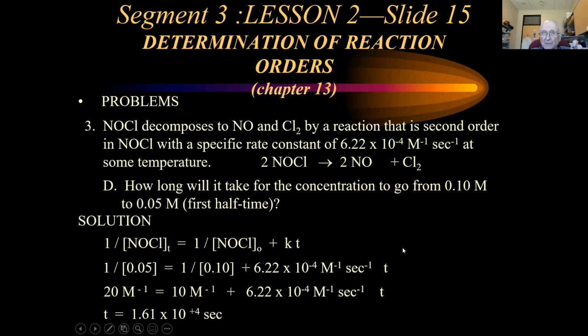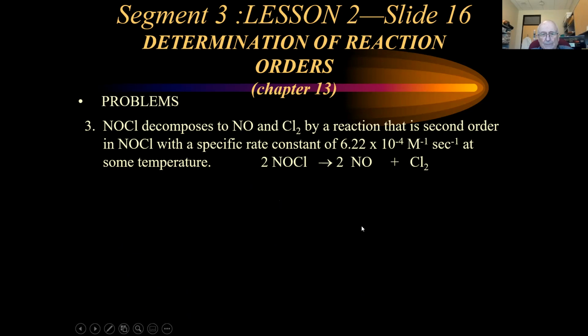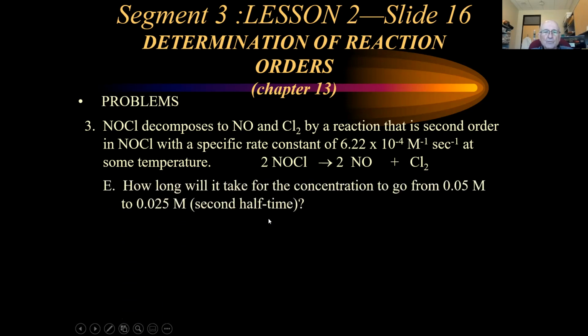So the relationship is t 1/2 for second order is 1 divided by C0, which in this case is not the very first initial concentration, but it's the initial concentration at the beginning of that particular half time. Okay, how long will it take for the concentration to go from 0.05 to 0.025? That's the second half time. Now we said it should be twice as long, so let's just see.